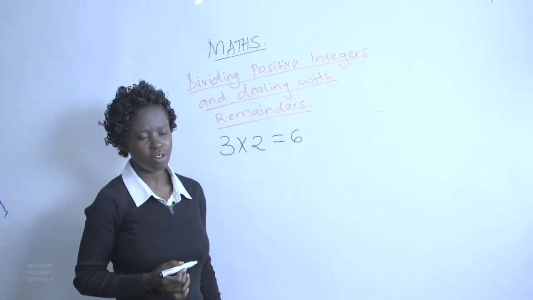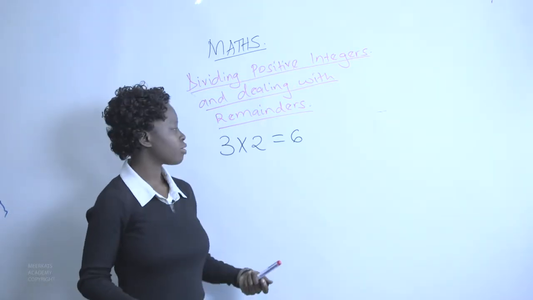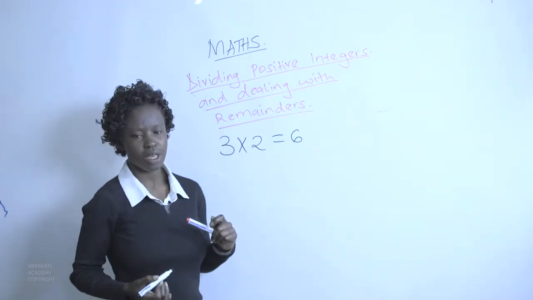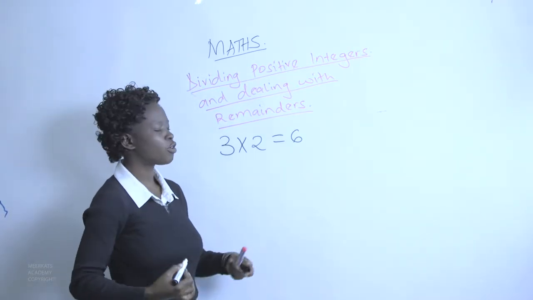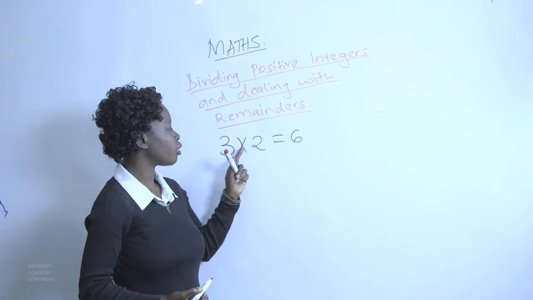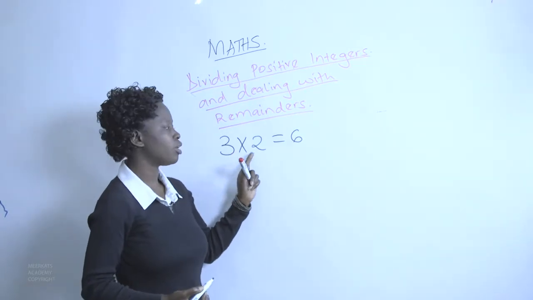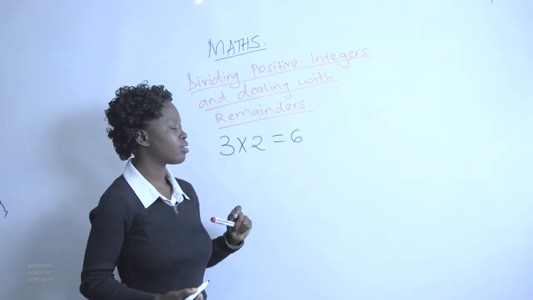But we are talking about division. Division simply means the reverse of this multiplication. So what are we going to do? We are going to start from the answer and look for the figure that has been multiplied to obtain that given answer.